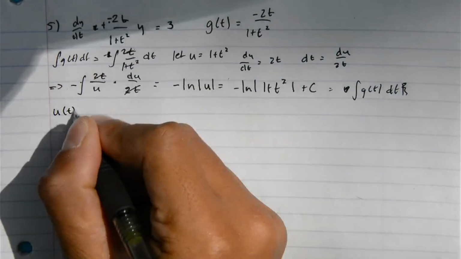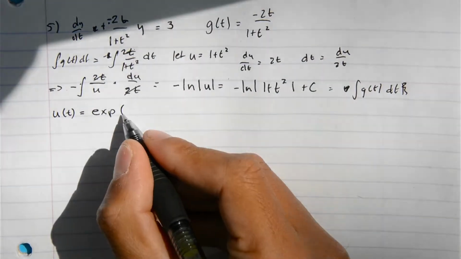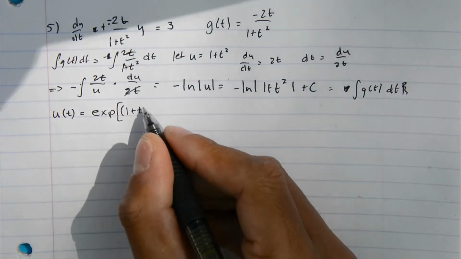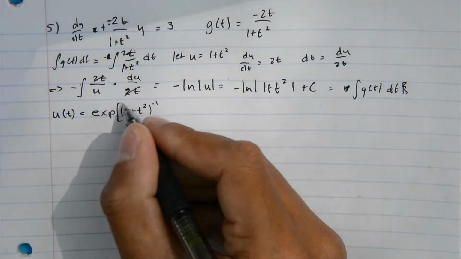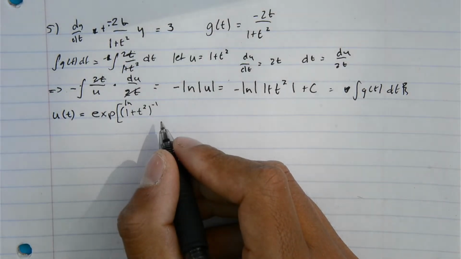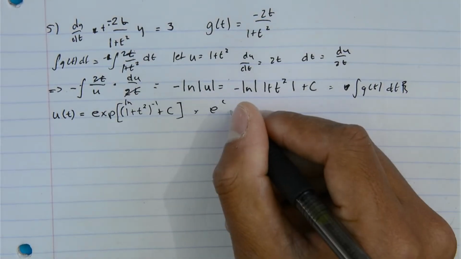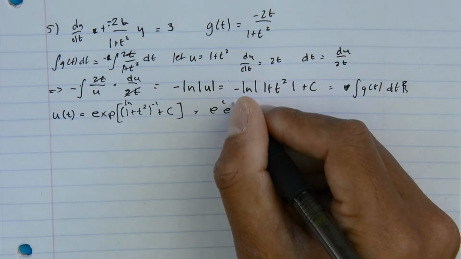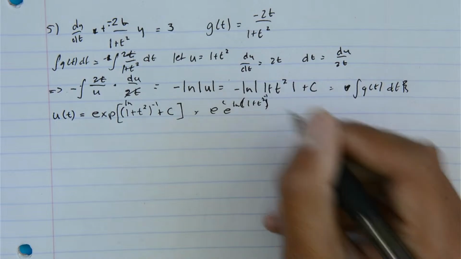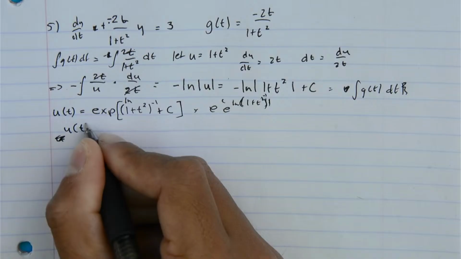All right, so now that we have that, what we need is u of t. So u of t is going to be equal to the exp of this expression. So this is going to be exp of ln of 1 plus t squared to the minus 1, plus c, which could be rewritten as e to the c times e to the ln of 1 plus t squared to the minus 1.